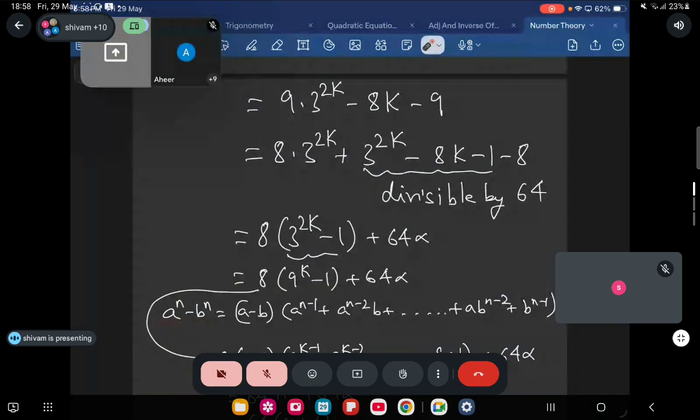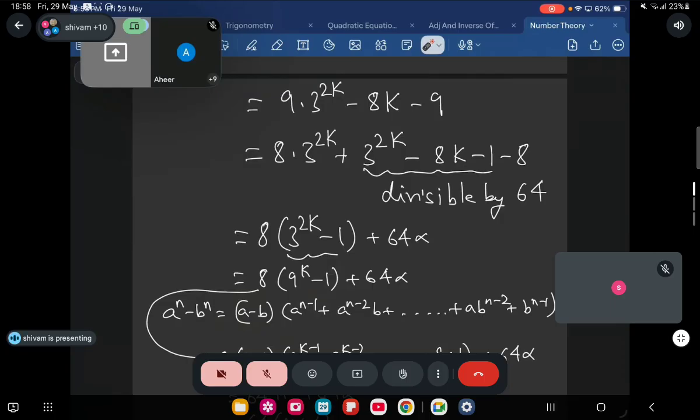There is a formula I have discussed in the regular classes: a to the power n minus b to the power n is equal to a minus b into a to the power n minus 1 plus a to the power n minus 2 into b plus a to the power n minus 3 into b square plus dot dot dot plus ab to the power n minus 2 plus b to the power n minus 1. I have used this formula over here, considering a as 9 and b as 1. So I'll get 9 minus 1 into 9 to the power k minus 1 plus 9 to the power k minus 2 plus dot dot dot.